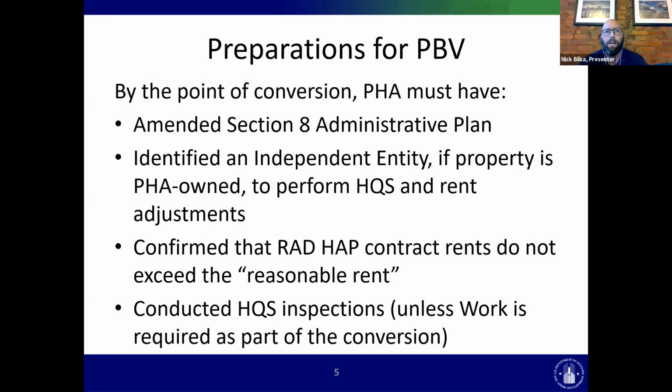And you think of an independent entity, it has to be something that's not connected to the PHA. So you could have a neighboring PHA, a local government, a nonprofit entity, a law firm that works in affordable housing. There's a number of different folks that could serve as your independent entity.